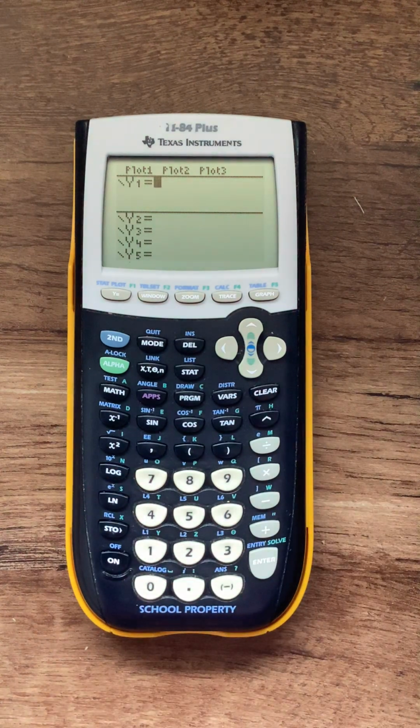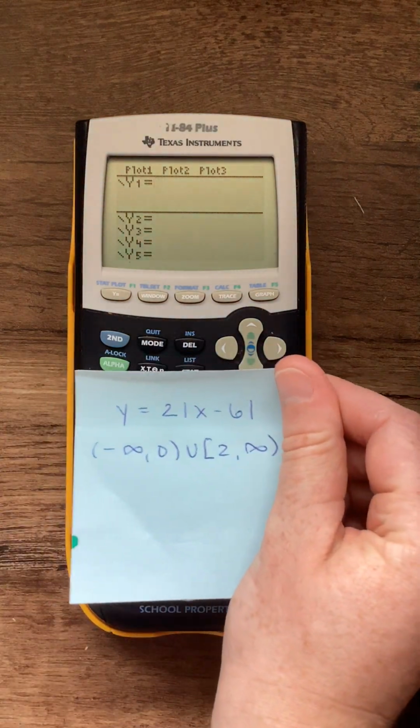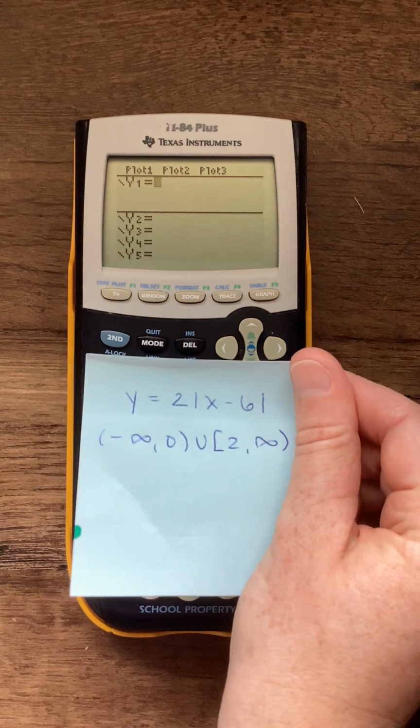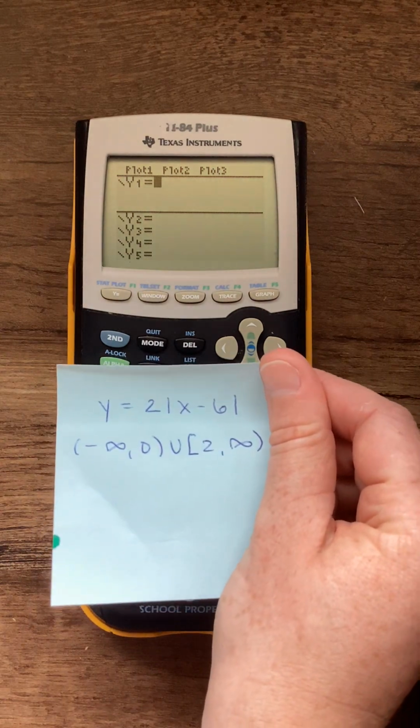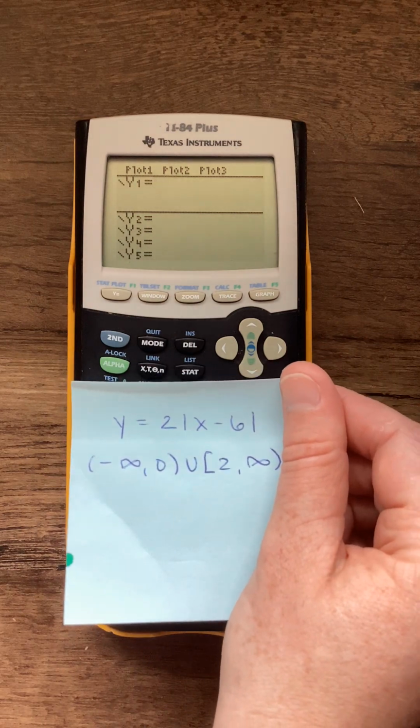Let's say, okay, instead we have, to practice absolute values, we're going to do y equals 2 absolute value x minus 6 on the domain -∞ to 0 and then 2 to infinity. So first we want to plug in the function, right?